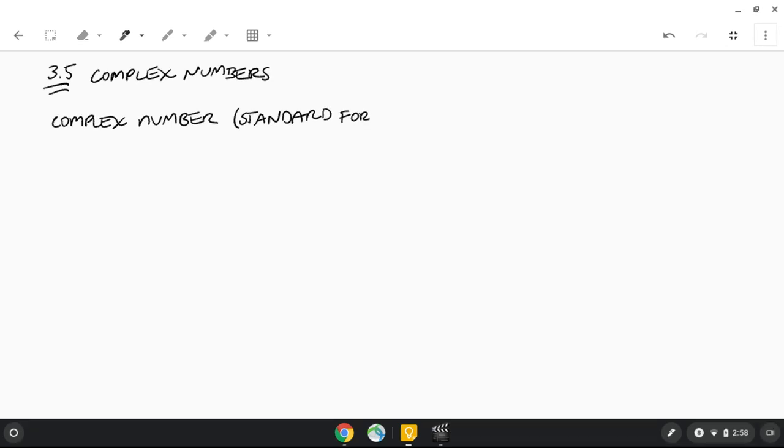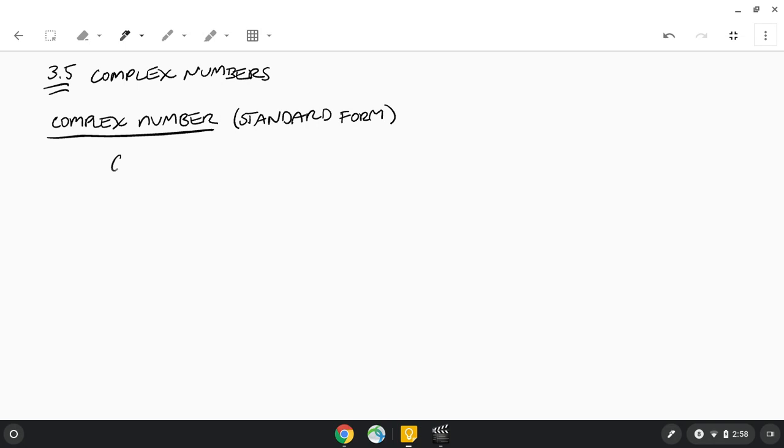Complex numbers. So because you're in pre-calculus, I'm guessing you're all pretty familiar with complex numbers. Okay. All right. So this is what a complex number looks like. And this is going to be the standard form. So it has this form a plus bi.